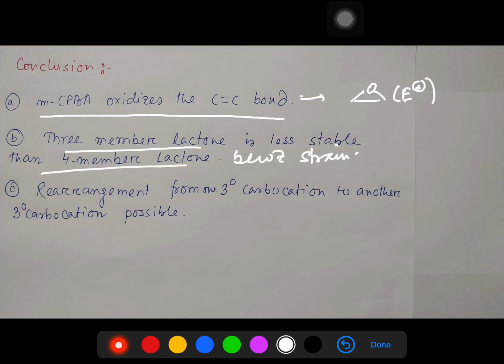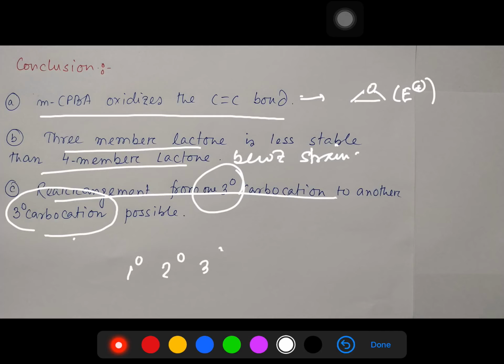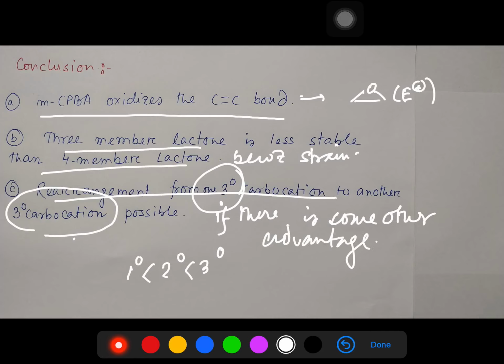Another thing, rearrangement of carbocation follows the stability order, tertiary more than primary. But tertiary to tertiary is possible if there is some other advantage. Okay, so this we have learned.